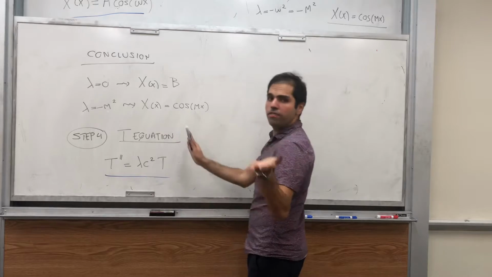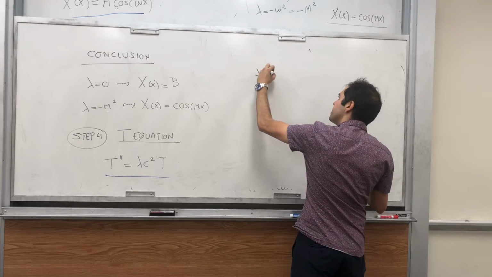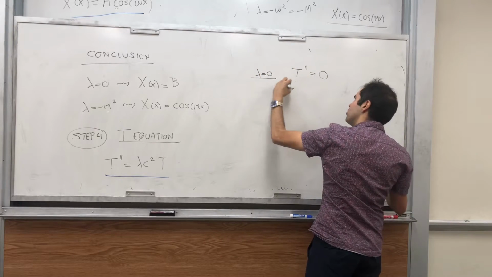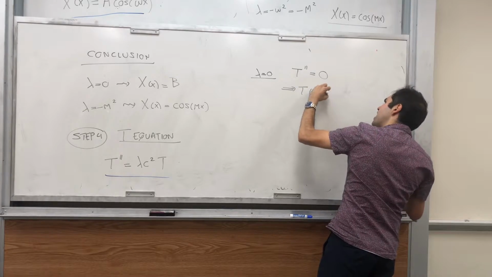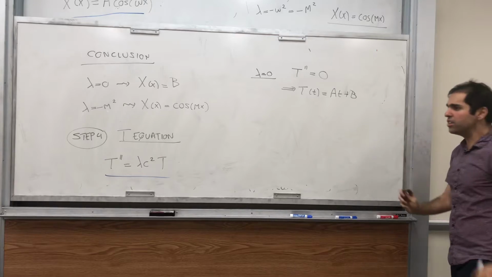Now, based on the value of lambda, we get two different equations. So for lambda equals 0, this gives you T double prime equals 0. So T is at plus b. So in this case, we have a linear function.